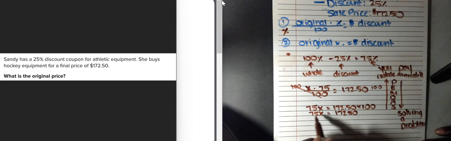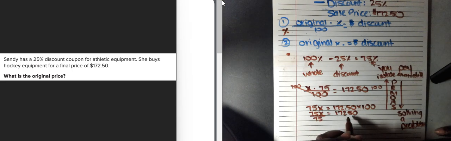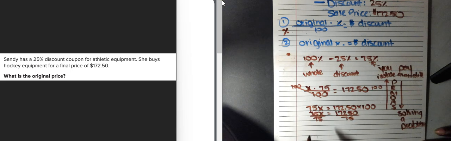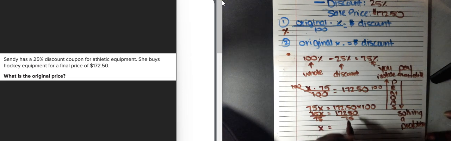It has that 75 next to it. When we see a number next to a variable, we understand that that's multiplication. So to undo the multiplication, I am going to use its inverse operation, which is division on both sides. We have 75 divided by 75. Again, they will cancel each other out, and now X is all by itself.